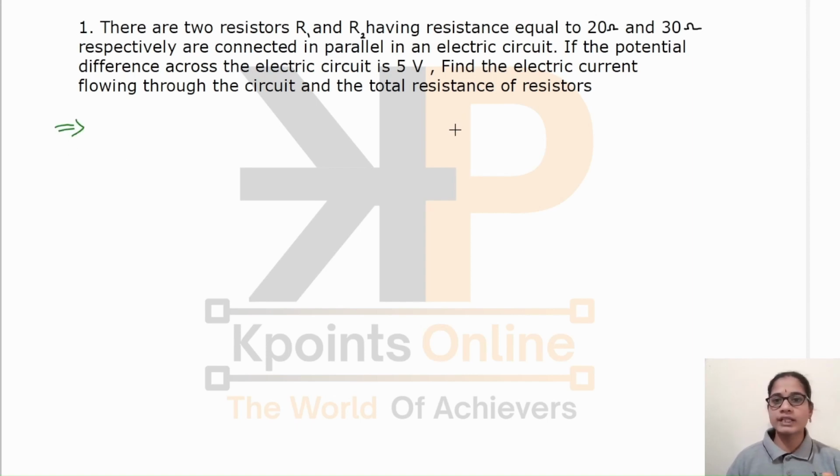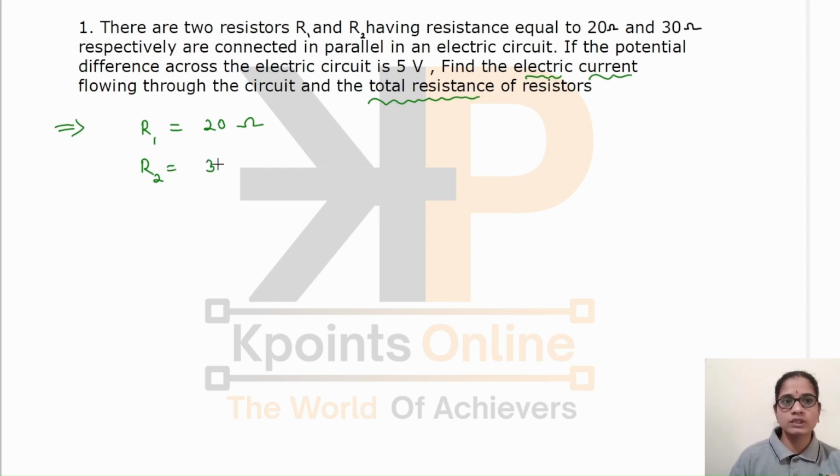So what we have to find out? We have to find out the electric current flowing through the circuit, and also the total resistance. First let us write the given values. The resistance R1 is equal to 20 ohm, R2 is equal to 30 ohm, and the potential difference V is equal to 5 volt.